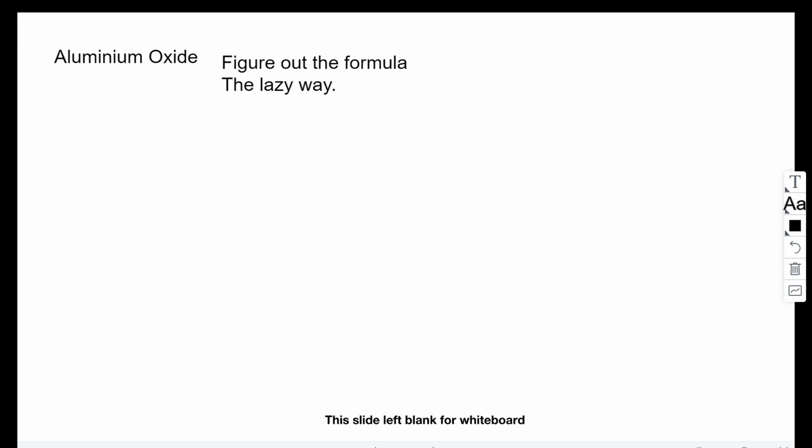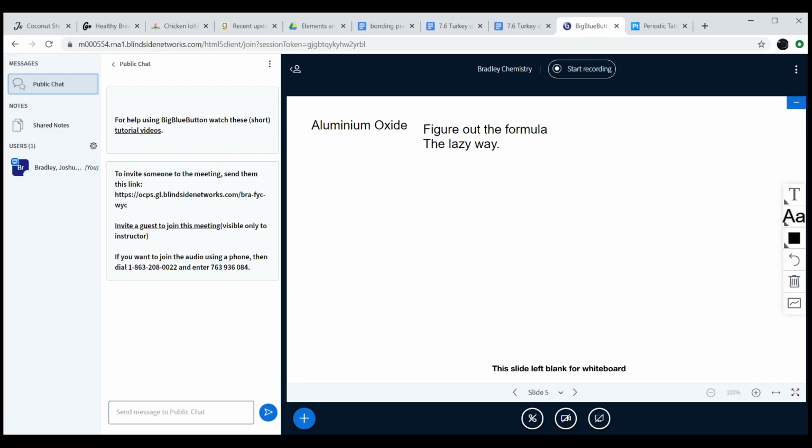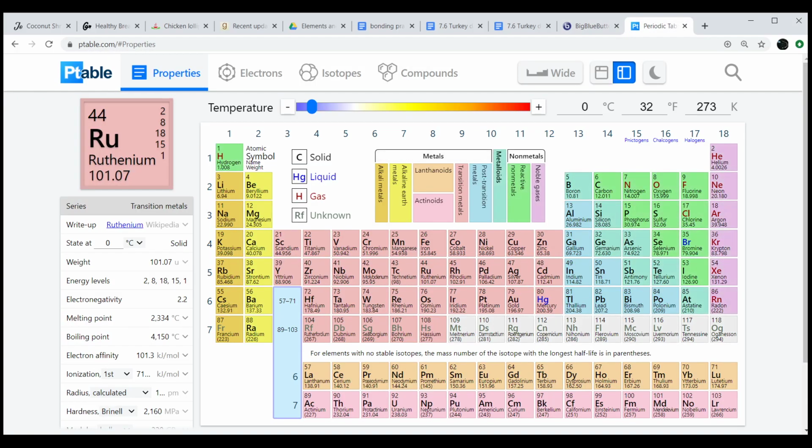So what we're going to do here first is go ahead and find aluminium on the periodic table, okay? And aluminium is right here, all right? And we're now going to go ahead and count. Remember how I told you that you guys were going to have to count in this section? Well, it's time to put all your kindergarten and first grade math skills to use, okay?